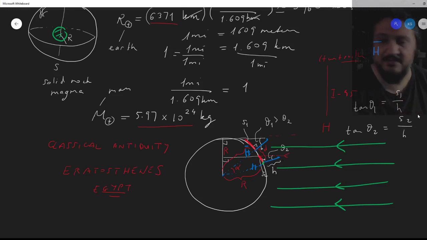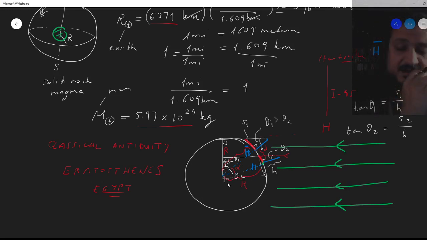So using your calculator, you can use the arctangent and find those angles, theta 1 and theta 2. And once you determine those angles, this means you know these angles here. This is 90 minus theta 1. And the larger angle here is 90 minus theta 2, okay?